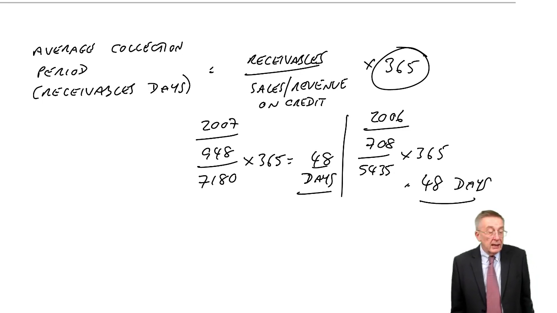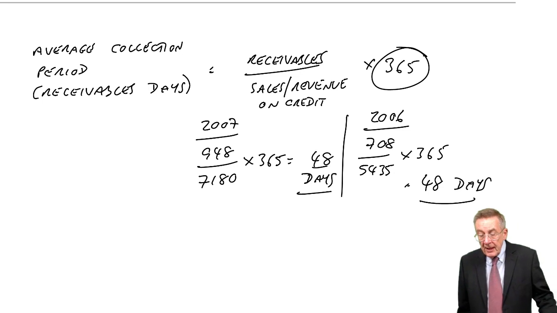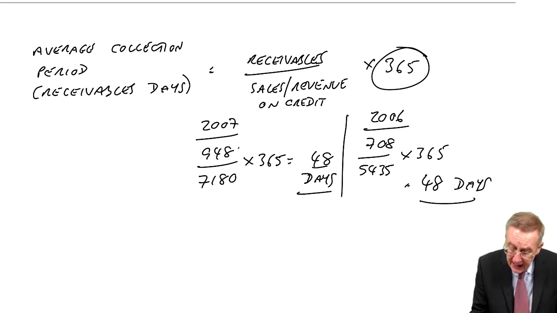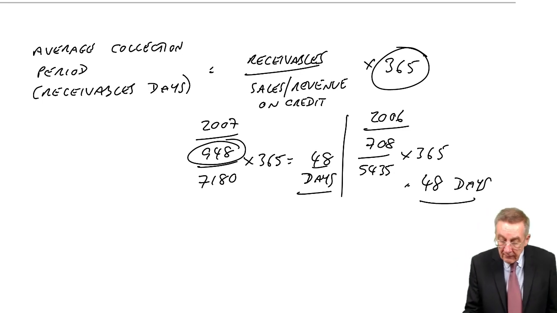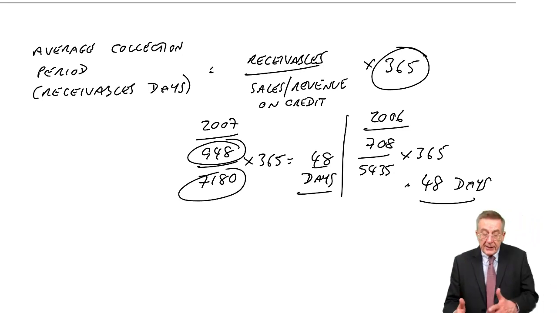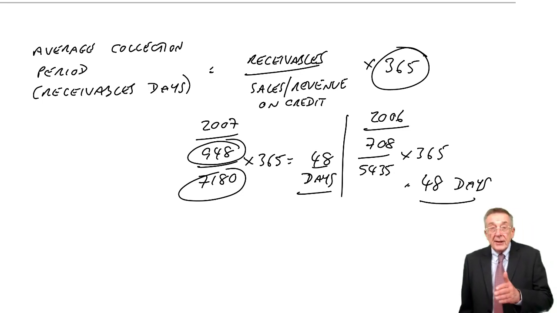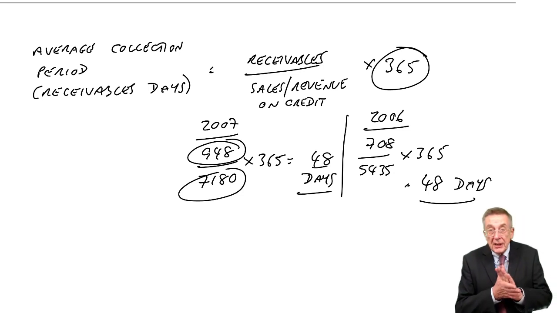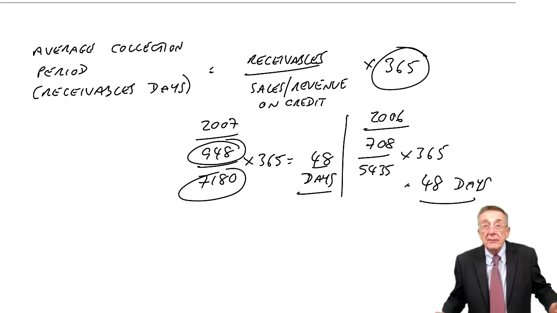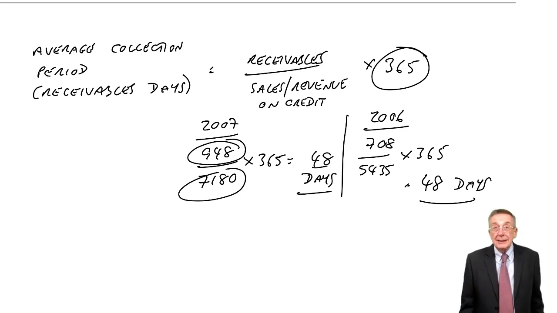Finally, one problem to be aware of here is that we're using the end of year receivables compared to the sales for the year. And it could be that at the end of the year, the receivables are unusually high, perhaps with just a lot of invoicing, or maybe they're unusually low.